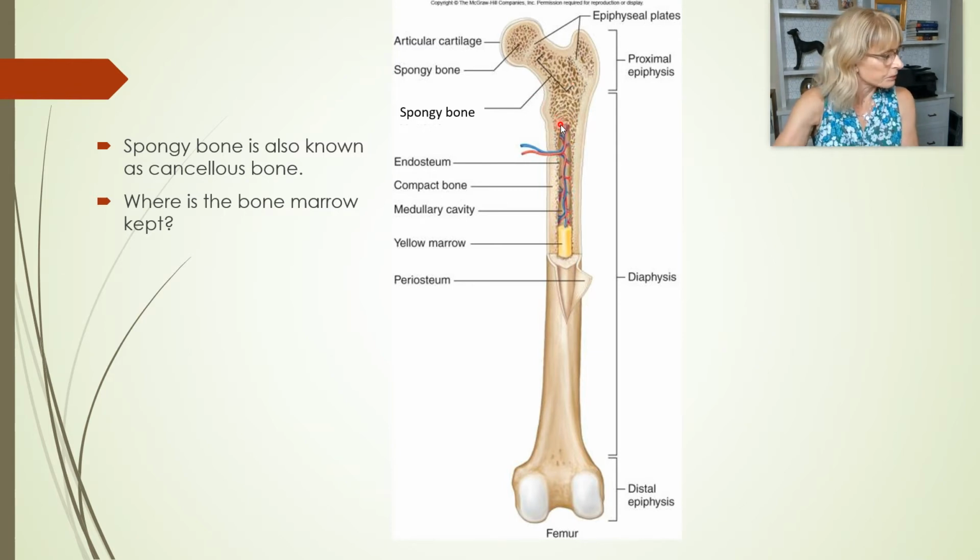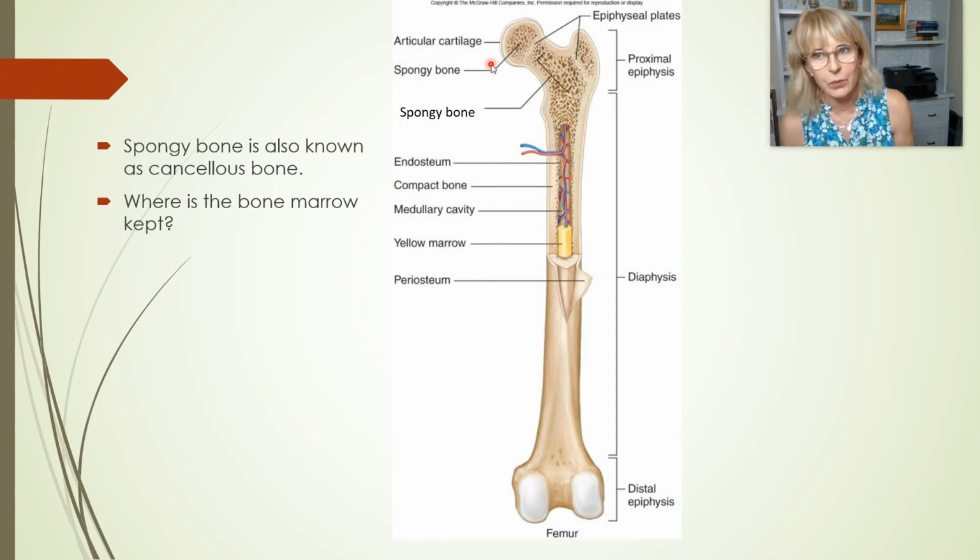What else do we need to know? We need to know that at the ends of the bones, or at the different epiphyses, where there is a joint, like here is the ball of the hip that will go into the acetabulum of the pelvis, right? There is going to be articular cartilage.